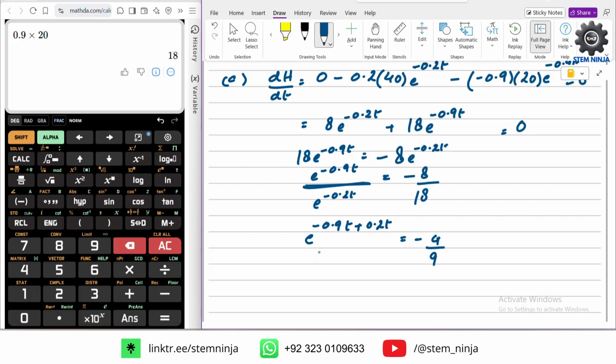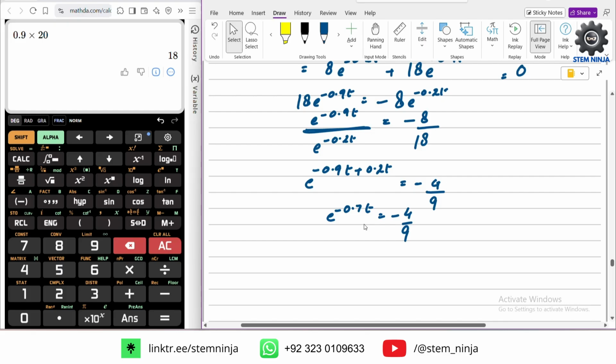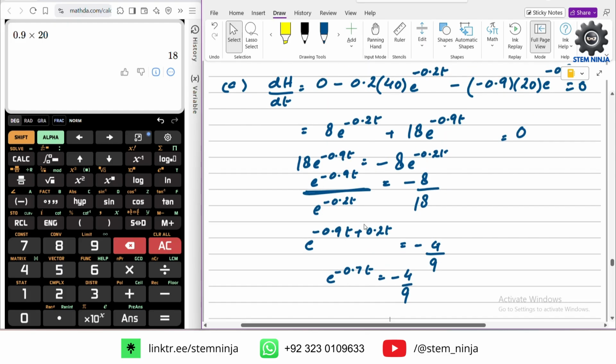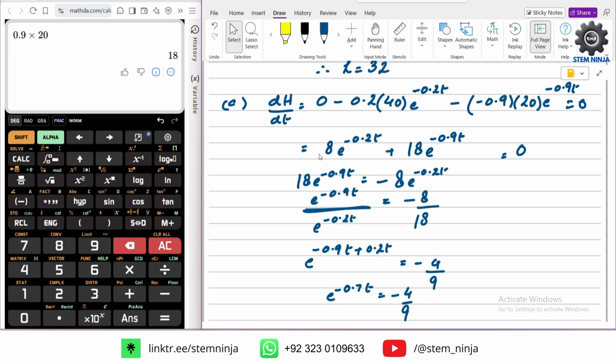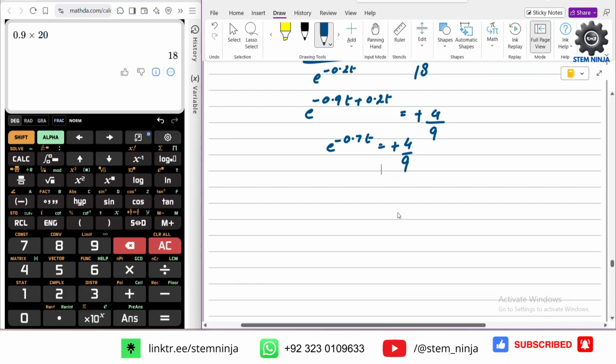So this would become e raised to the power minus 0.7t equals minus 4 over 9. So ln on both sides. No, there is some problem over here. There was a minus sign, so this would become basically plus. Alright.